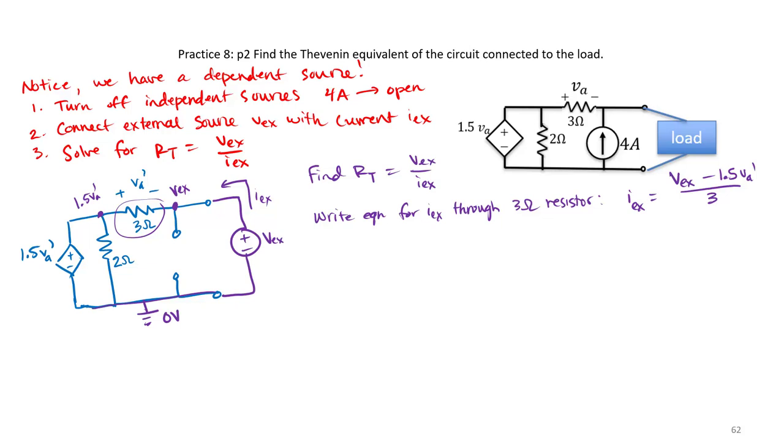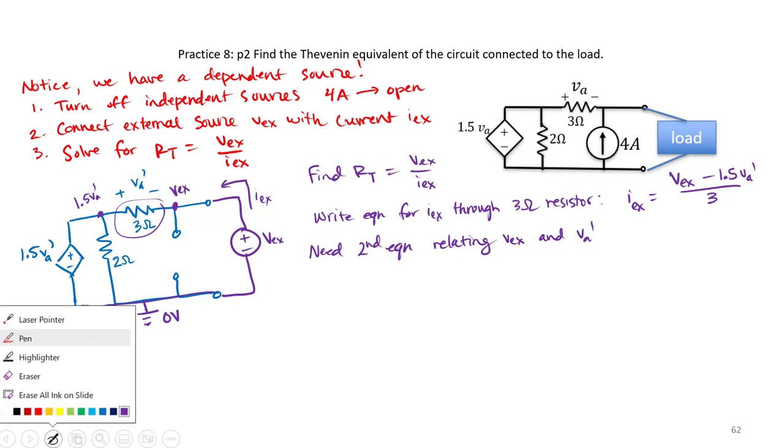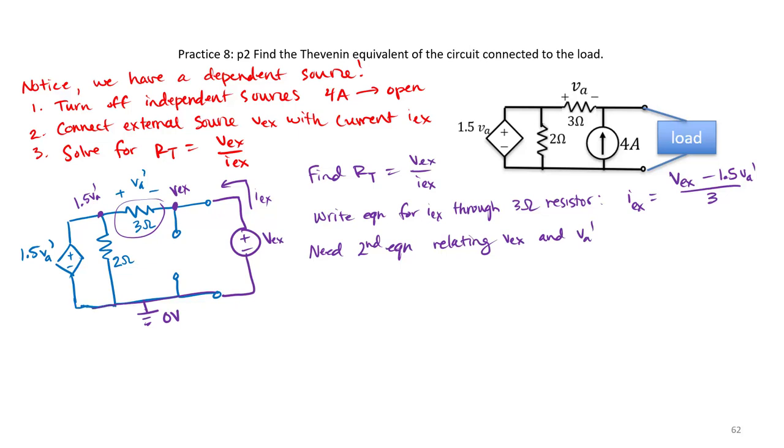Notice we need a second equation here. We need some second equation specifically relating VEX and VA prime. What else do we know? Well, I want a convenient way to relate VEX and VA prime, so how about applying Kirchhoff's voltage law?